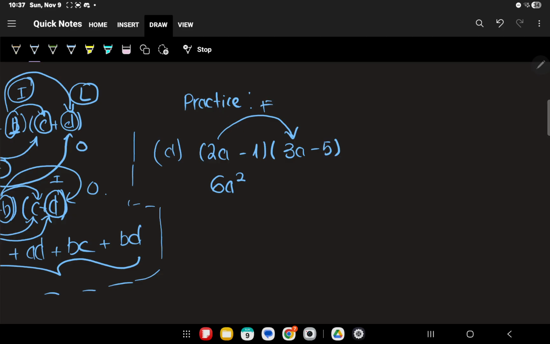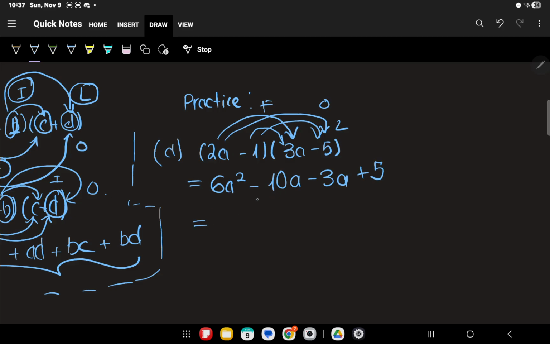So after the first terms, 2a times the negative 5 is negative 10a. That is our outer term. The inner term is negative 1 times 3a, which is negative 3a, and then negative 1 times negative 5 is our last terms, which is 5.